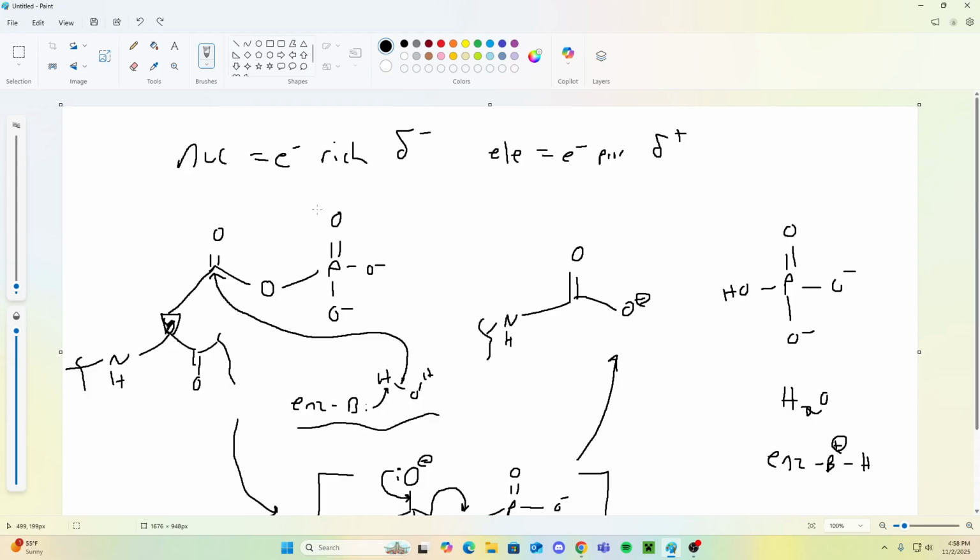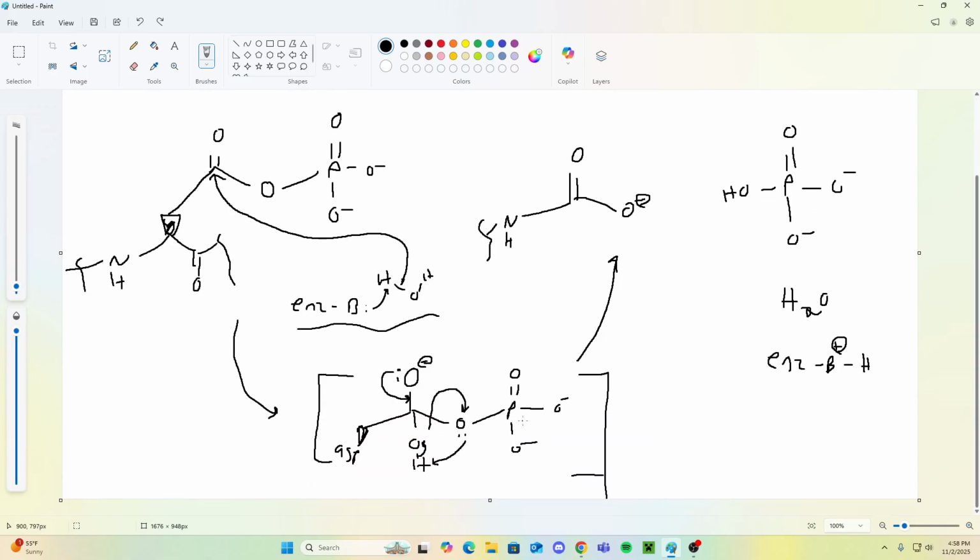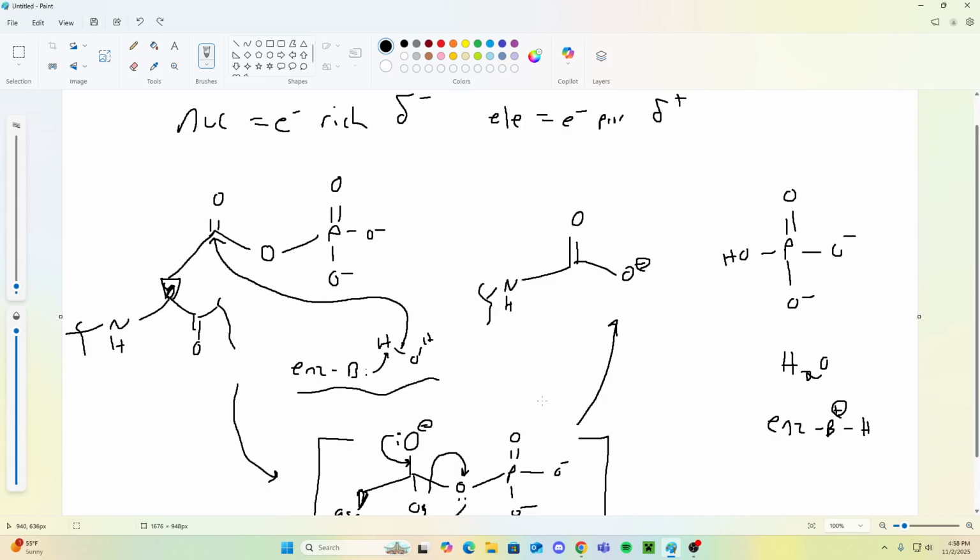But if you drew this arrow of this water group attacking this phosphorus, and then you had this intermediate such that this O minus was this guy, and then this oxygen bond was breaking and then attacking the OH that would be attached to this phosphorus, that would also work.